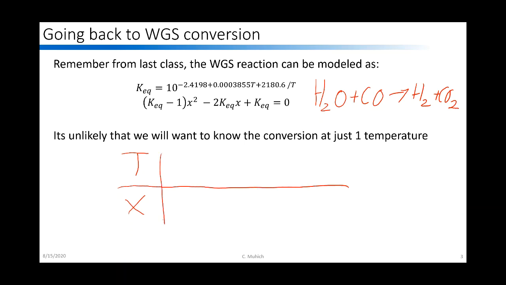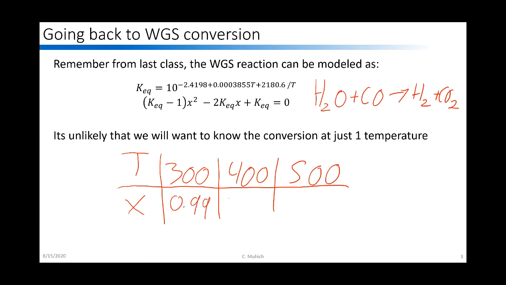One way that we could do that is take the program that we built yesterday and write a table, like I've drawn on a piece of paper, and say input 300 degrees, 400 degrees, 500 degrees, and then put them into that program one at a time. Maybe at 300 degrees our yield is 0.99.